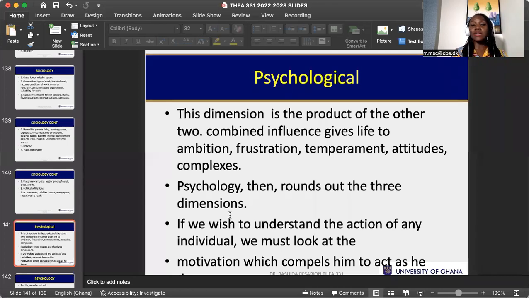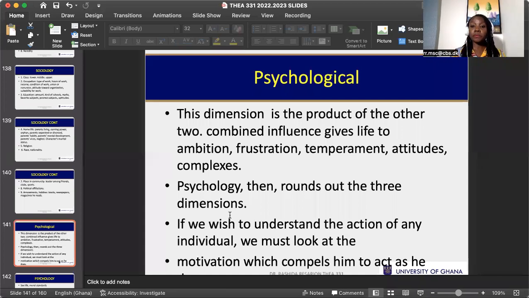And if you find somebody who is very ambitious, you can link it to how the person looks. You can link it to the person's background. Maybe the person comes from a poor family and the person is trying to climb the social ladder. If somebody is very temperamental, it could be a coping mechanism for being rejected so many times in society, in life, because people just judge the book by its cover and all that.